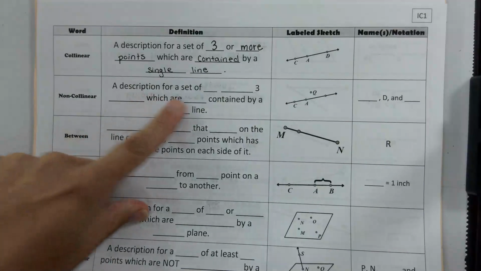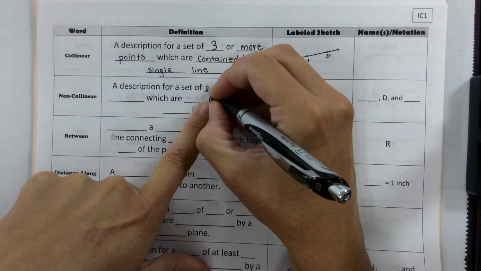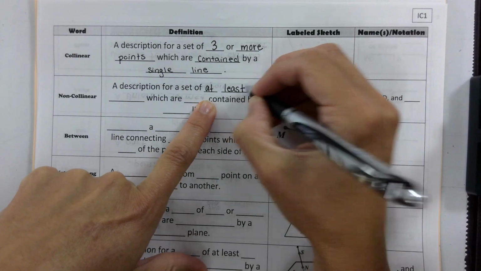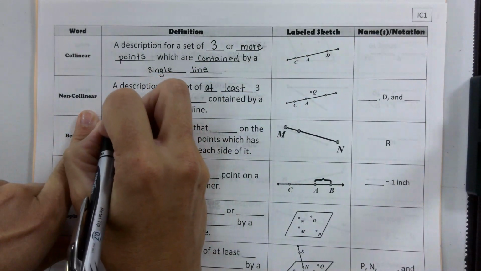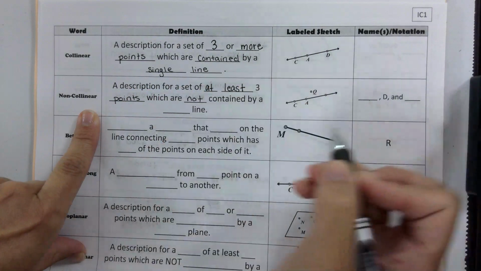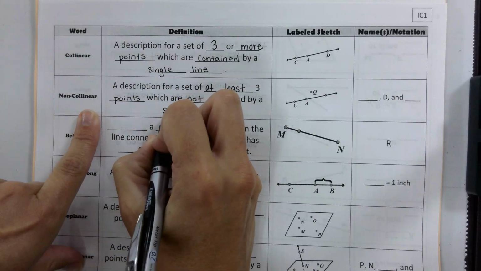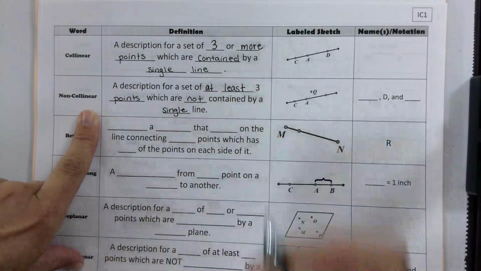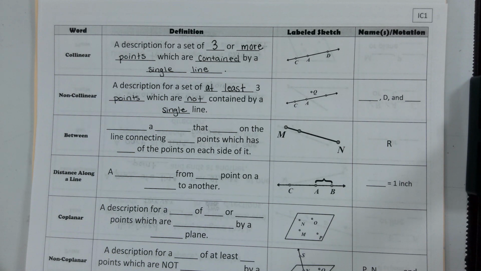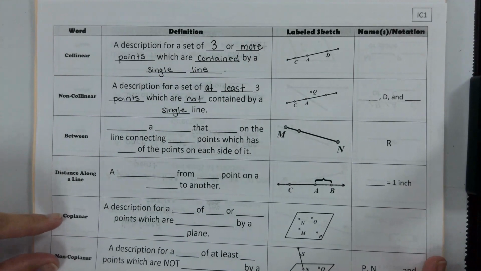Okay, so it's a description for a set of at least 3 points which are not contained by a single line. Right? And you're going to see that kind of situation repeat down here again with coplanar and non-coplanar.